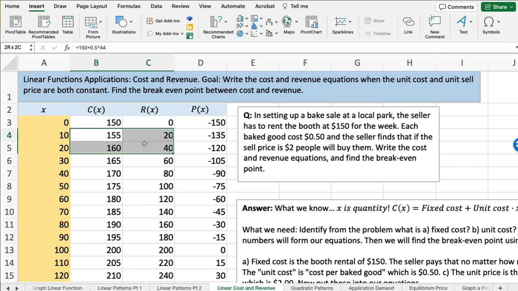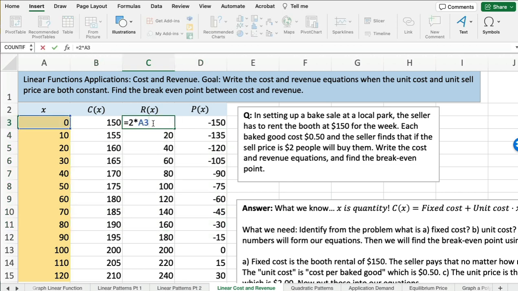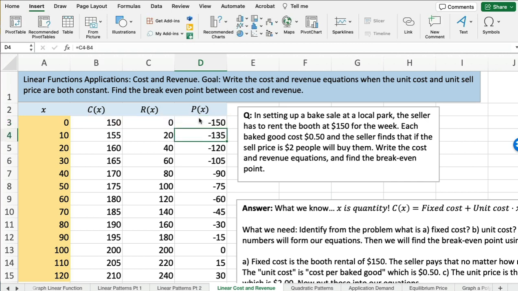Now imagine that the rest of these things are all empty for now. Capital R of X is in column C. That's equals 2 times A3. And then the difference between the two is our profit. That's in column D. That's equals C3 minus B3. So those are our three formulas.